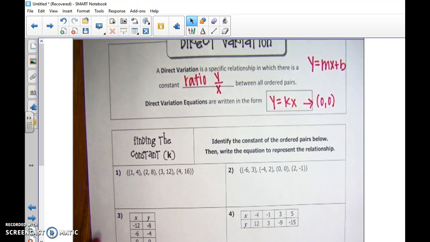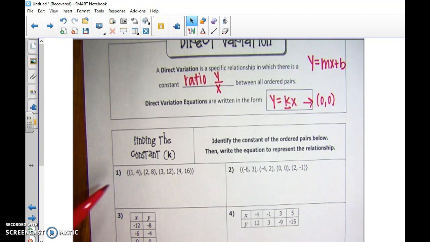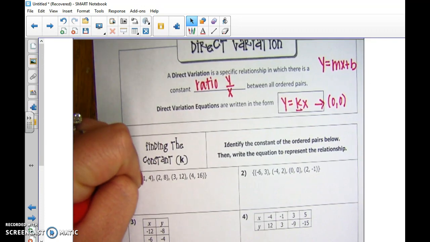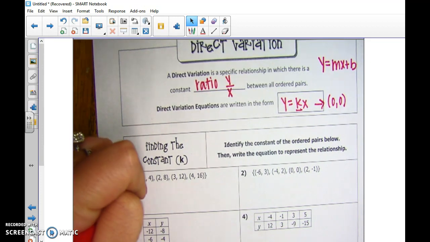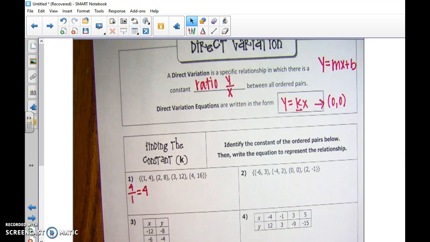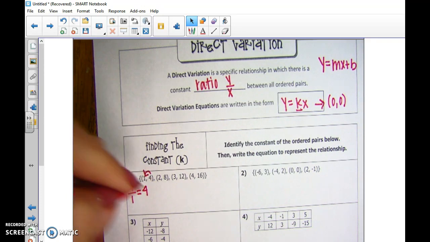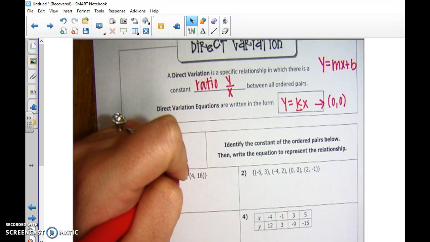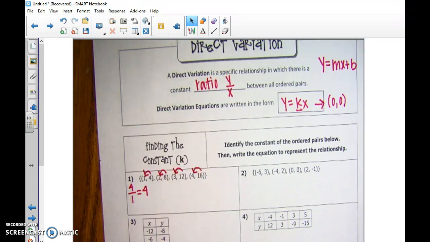When we're looking for k, right here, we're going to look at our ordered pairs. When we put 4 over 1, we know that that's going to simplify to 4. So we look at 4 and 1, then 8 and 2, 12 and 3, and 16 and 4.